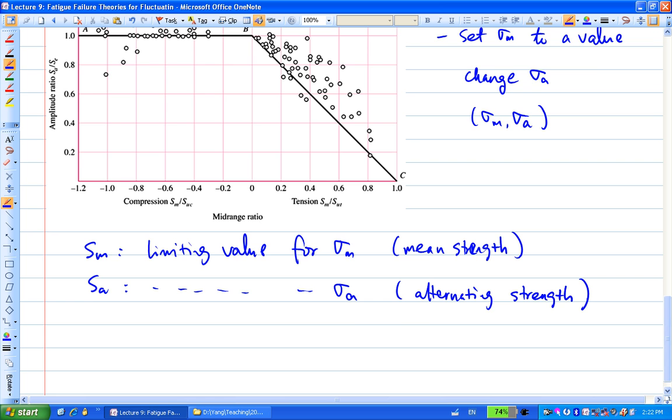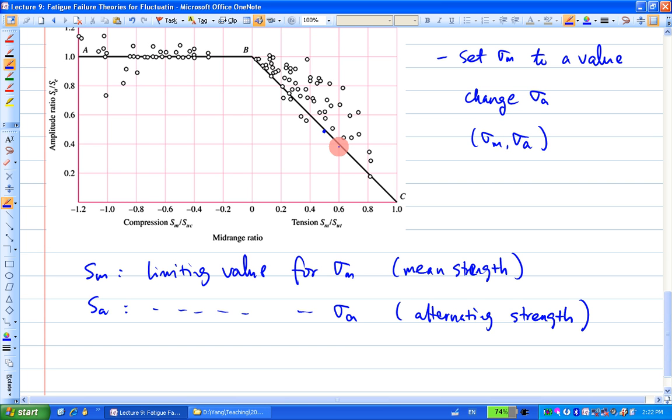More precisely, if you take a point on the curve, on the straight line here, the corresponding value gives you S_A and S_M. But if I take any point in the plane, we don't call them S_A and S_M, we call them sigma A and sigma M.